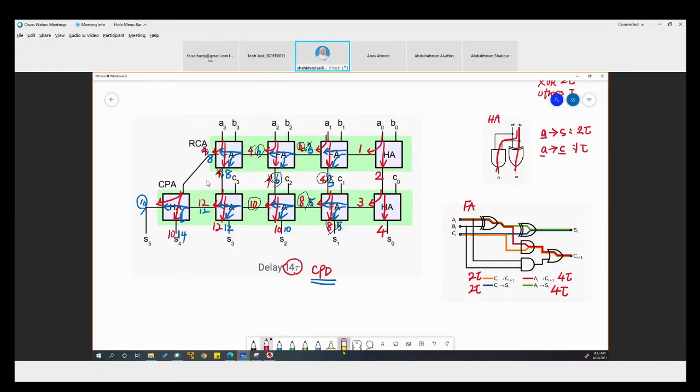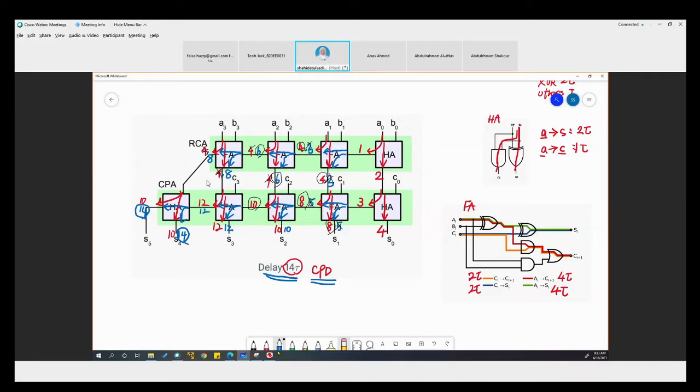For red, this is 8 plus 2, 10, and 12 plus 2, 14. So the delay is 14.